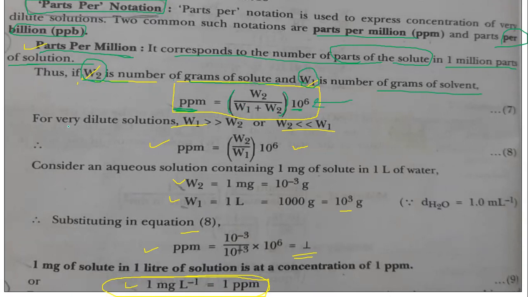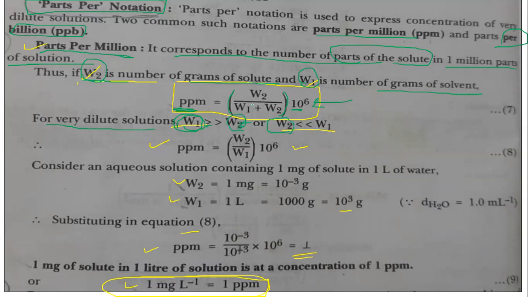See what happens: in a solution, the solutes are in very low concentration. The value of W1 is very large. Solvent is very high in concentration. So weight of solvent is very high compared to weight of solute. Therefore the solute weight is negligible.